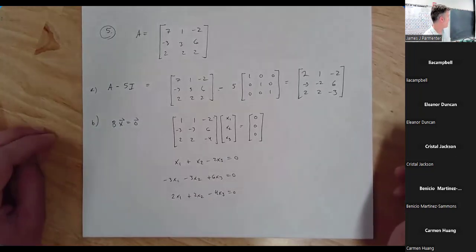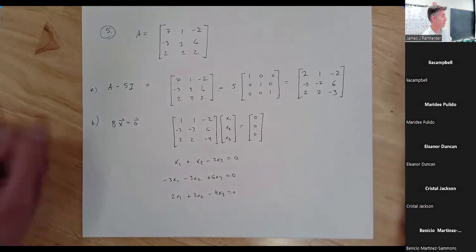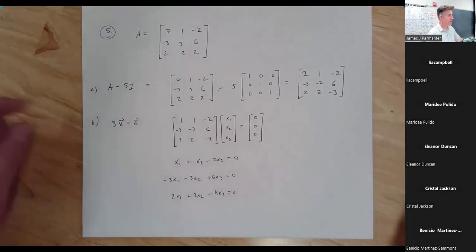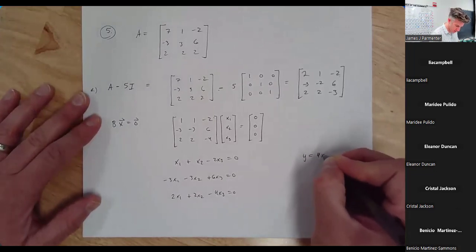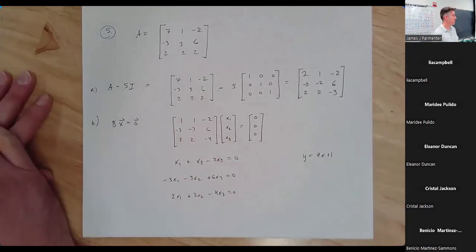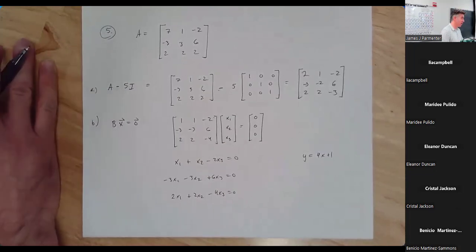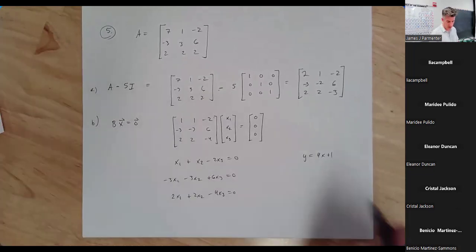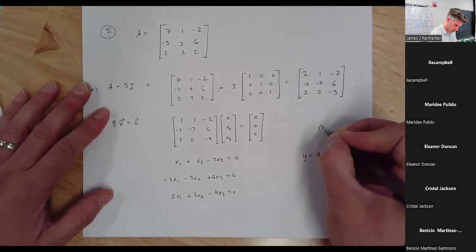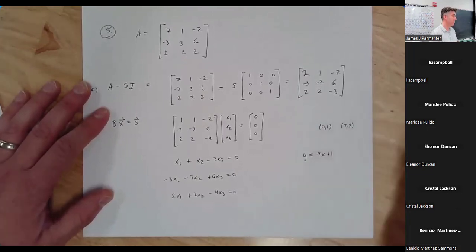What I want to point out here is that these 3 equations all represent the same system of solutions. If you take an equation like, say, y equal to 4x plus 1, which is a line, there's a lot of points on that line, an infinite number. One of the points is 0, 1. And another point is 2, 9. And there's a lot of other points I could find.